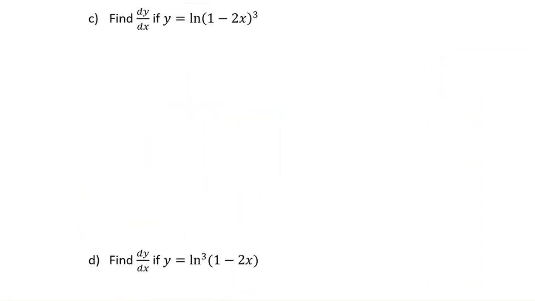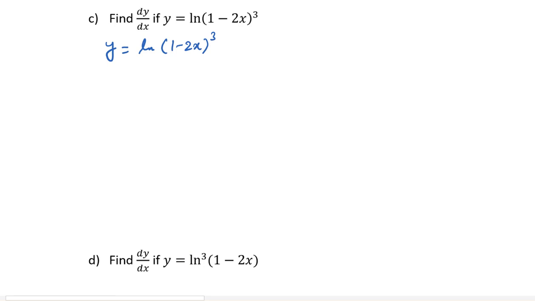Next, we're going to try to find the derivative of two different logarithmic functions in part C and part D. It looks like they are similar problems, but they're really different problems. In part C, what we have here is ln of (1 minus 2x) cubed.